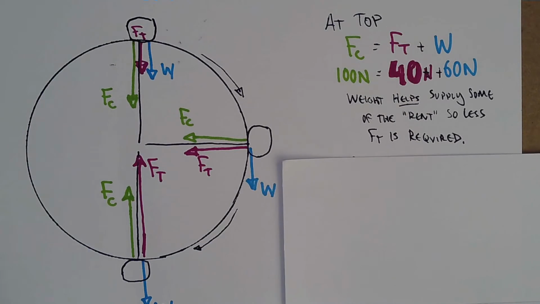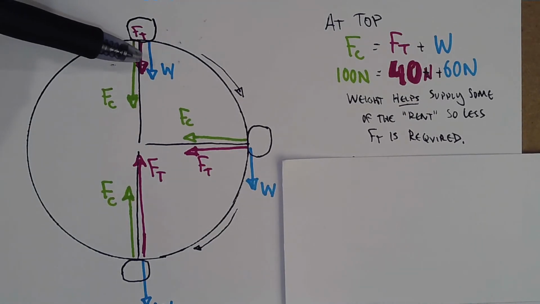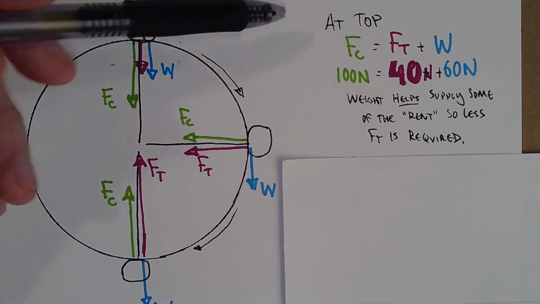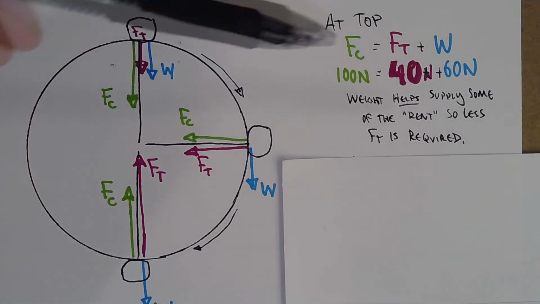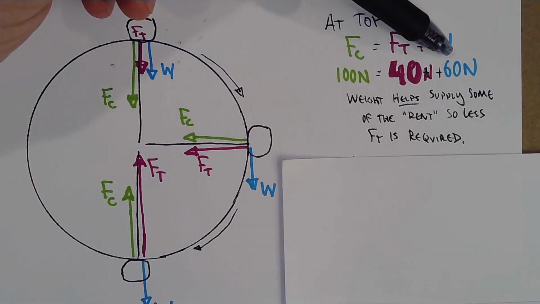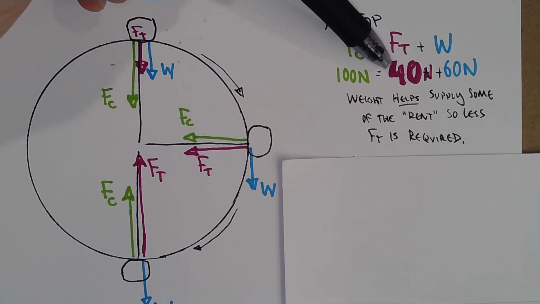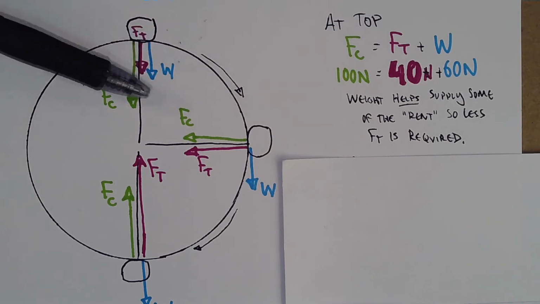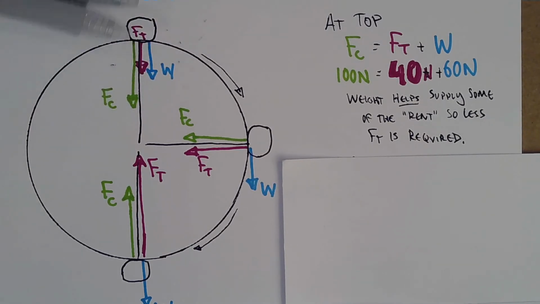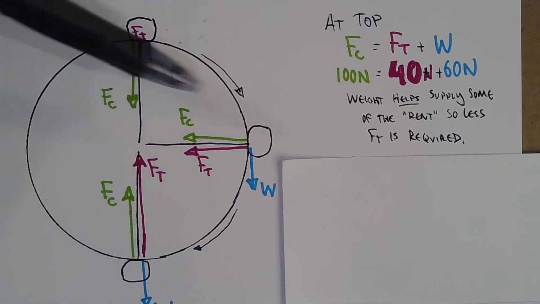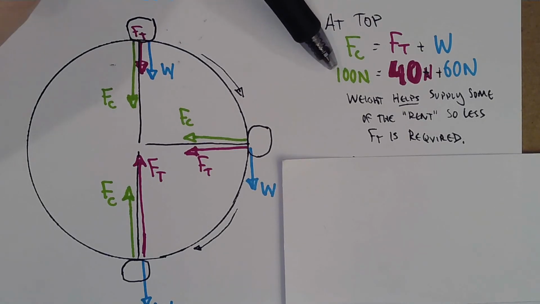The weight provides 60 newtons acting downward, because that's what weight does. Weight pulls downward. So you have to pay 100 newtons acting down. The weight covers 60 newtons of it, so you're left paying for 40 newtons on your own. That's the amount that the string or the rope needs to pull down with to pay the total rent. The rent is 100 newtons.